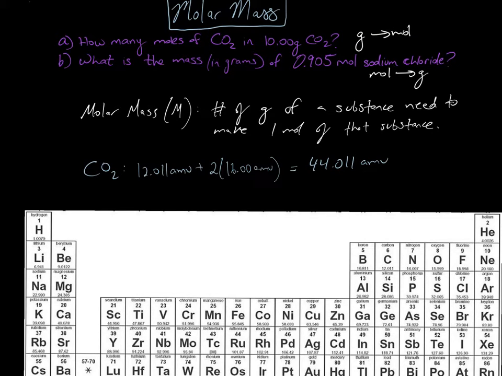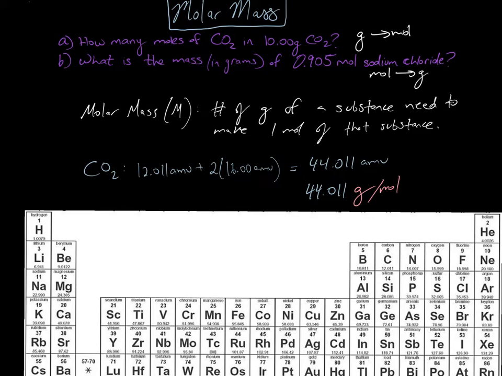If I were to ask you for the molar mass of carbon dioxide, it would actually be the very same number, except the units are no longer in AMU. They are now in grams. What does it mean that the units of molar mass are in grams per mole?